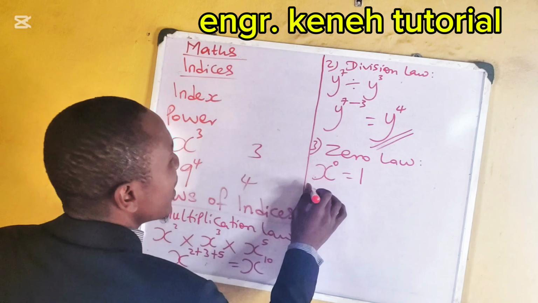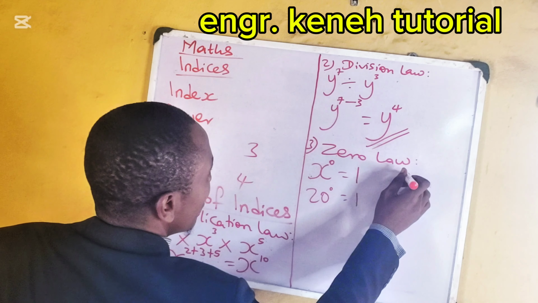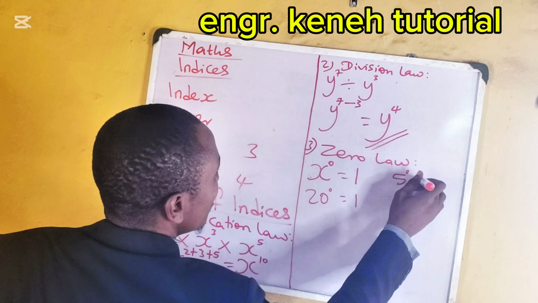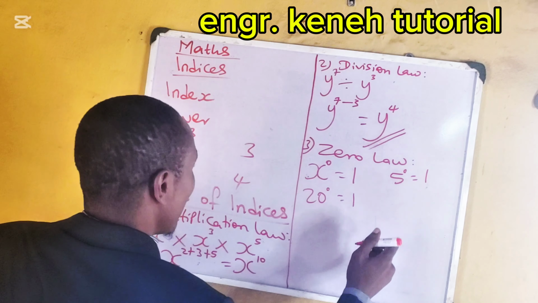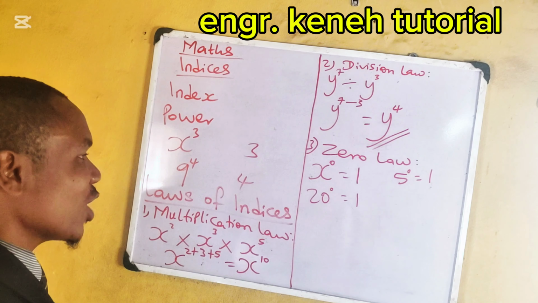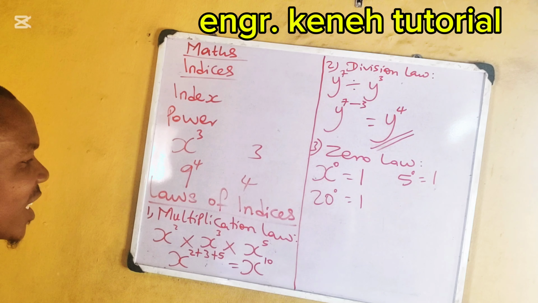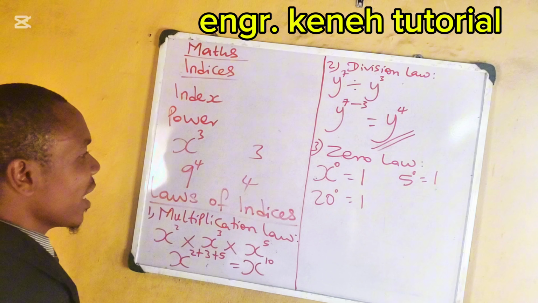When you have 20 raised to power 0, it is equivalent to 1. Likewise, when you have 5 raised to power 0, it is equivalent to 1. All right, and so on and so forth. So anything raised to power 0 is equal to what? It is equal to 1. That is what this one is talking about.